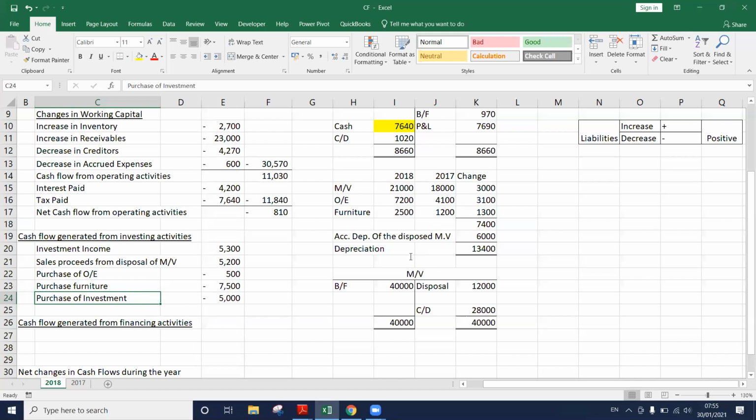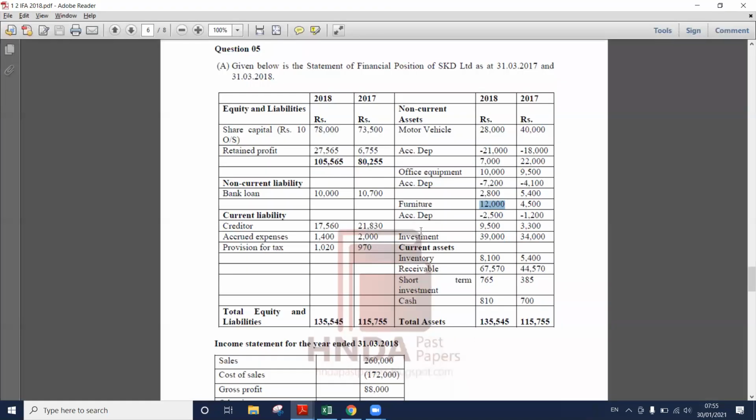Then what else? Current assets we have considered, right? Then here under equity and liabilities, what do we have? Share capital, right? See what has happened to the share capital amount.